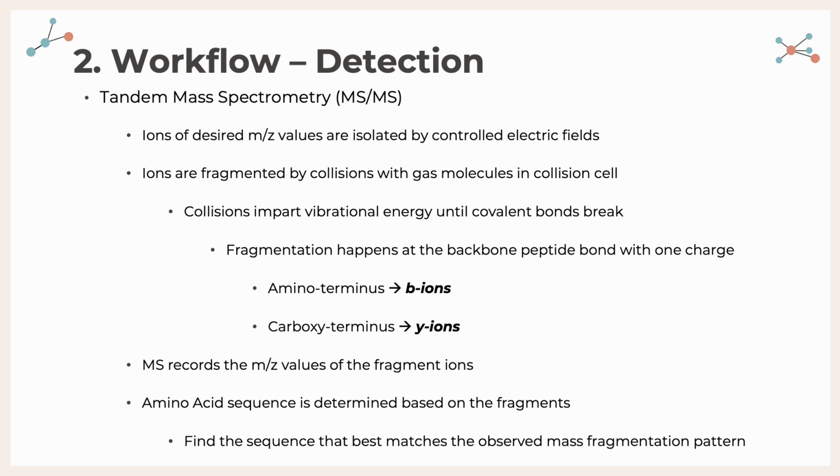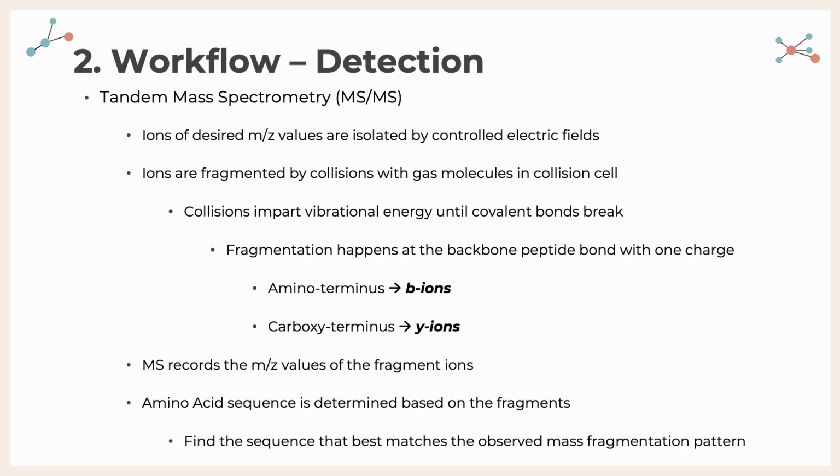And so, two things to note here. Number one is that because we're using ions and not just an overall sample now, we can filter out specific ions that we want to analyze compared to the first mass spec. So that's this first point here, where ions of desired mass to charge values are isolated by controlled electric fields.